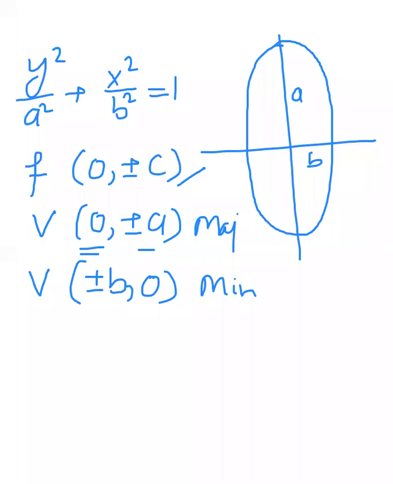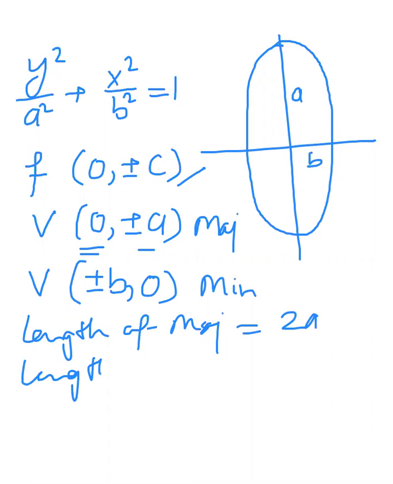Now length of major axis is 2a, length of minor axis is 2b, it is same.